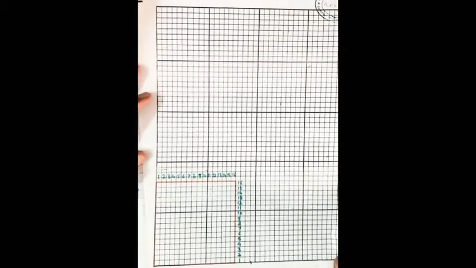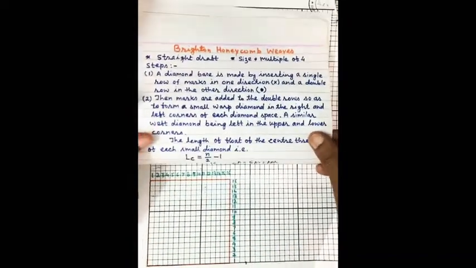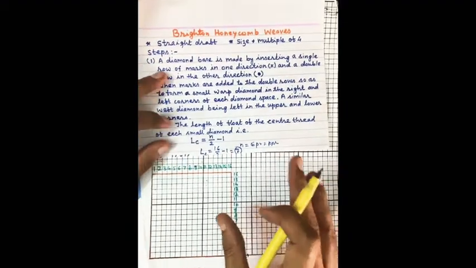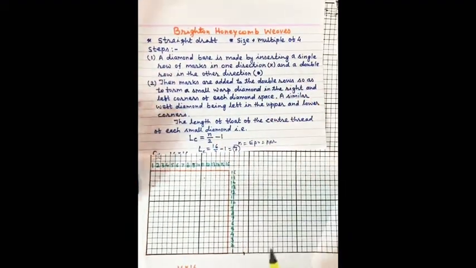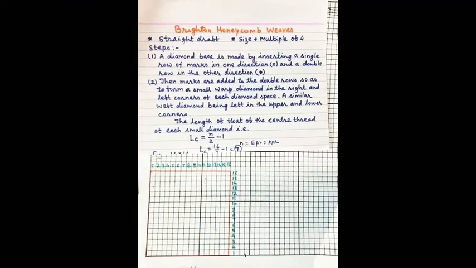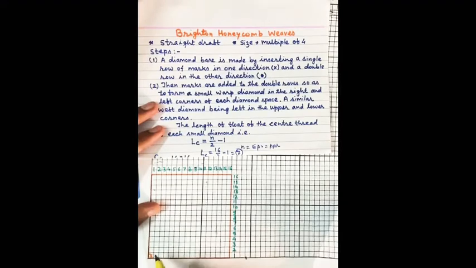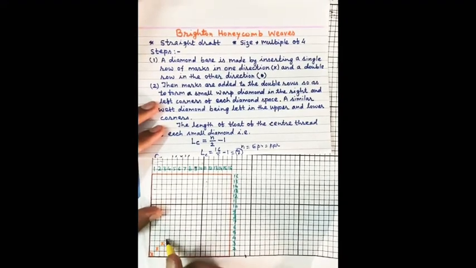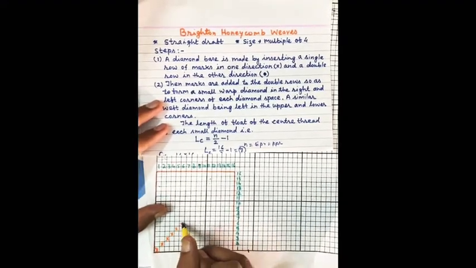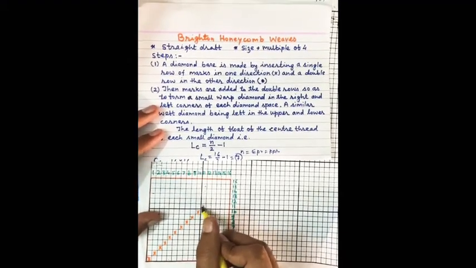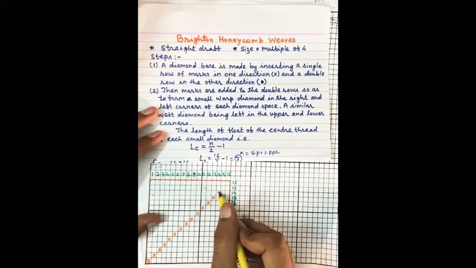So as we have taken in step number 1, a diamond base is made by inserting a single row of marks in one direction. So starting from here, a single row of marks, a straight diagonal line is indicated from left to right corner.